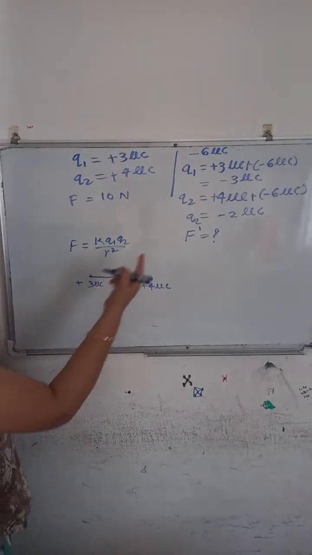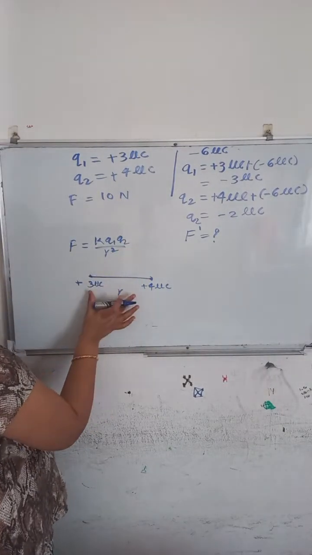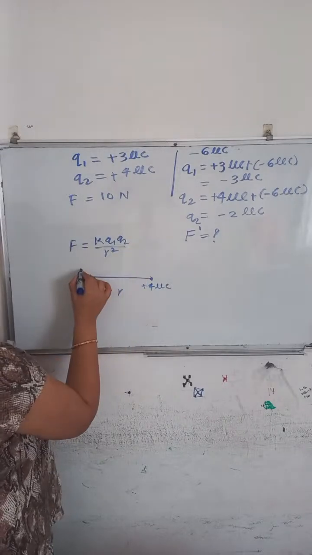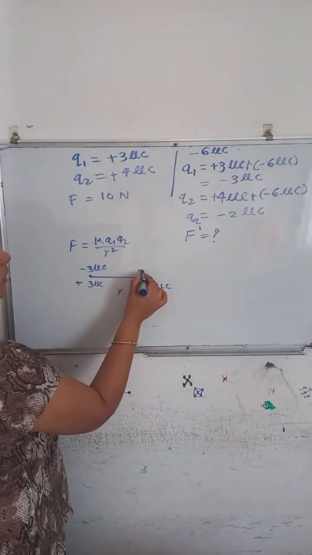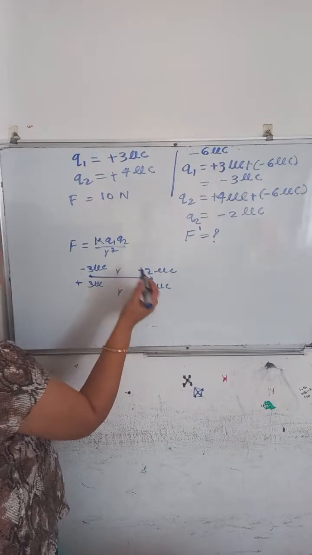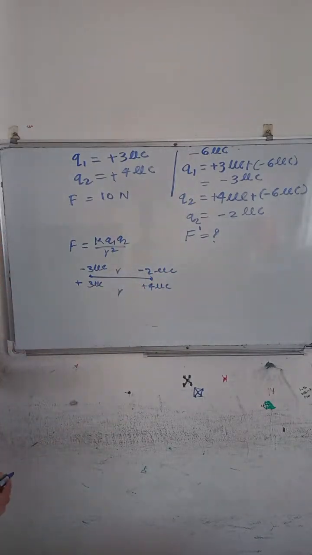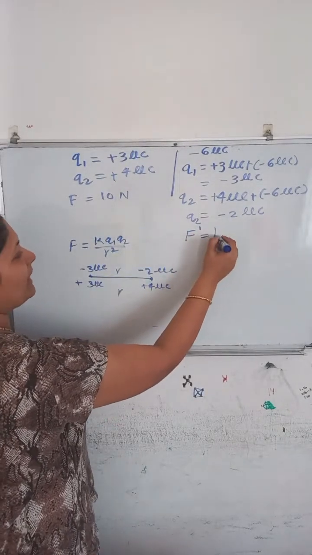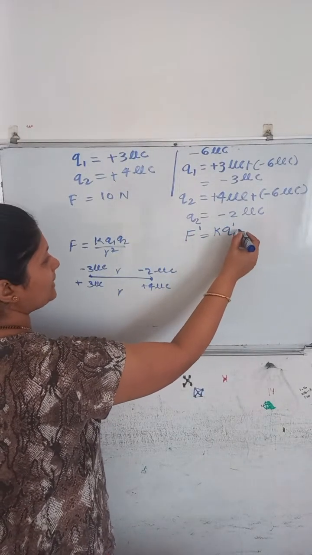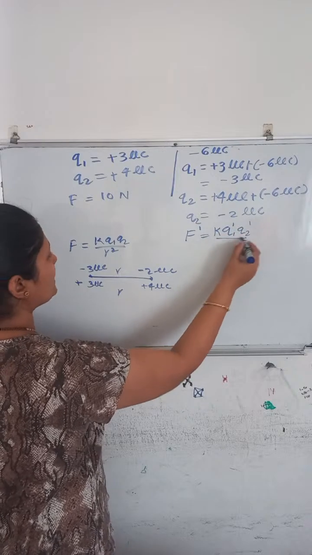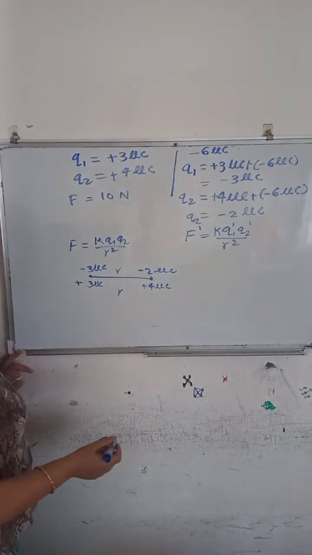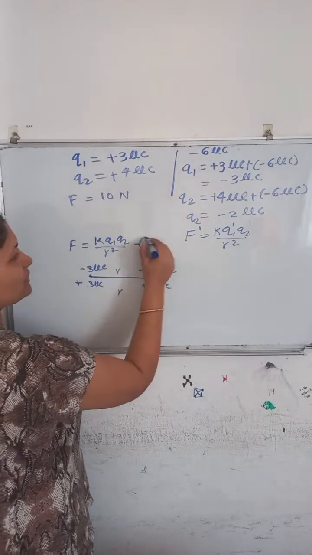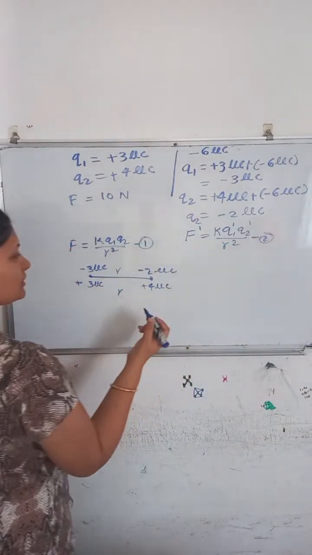Now after adding the charges they become -3 microcoulomb and -2 microcoulomb, also separated by the same distance r. So F dash is K Q1 dash Q2 dash divided by r square. Suppose this is equation number 1 and this is equation number 2.